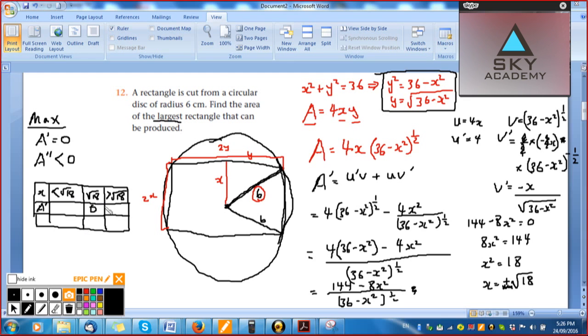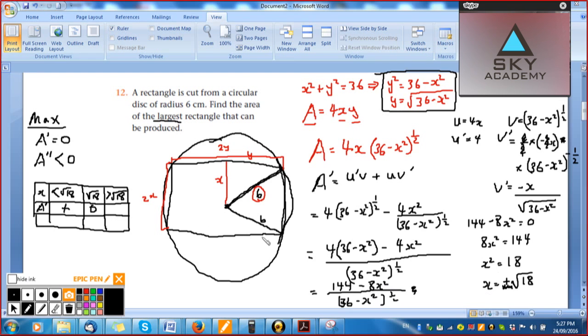If it's less than root 18, then all of this is going to be less than 144, which means it's going to be positive. The bottom can't be anything but positive. So if x is less than root 18, it's going to be positive here.